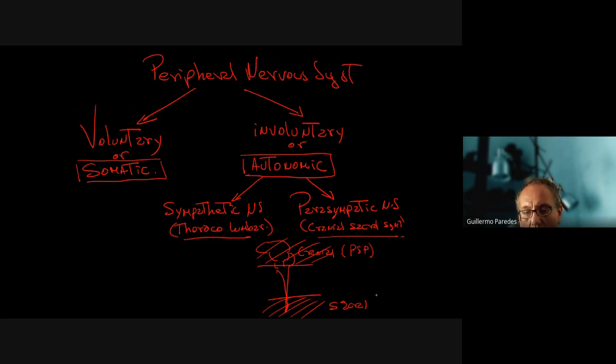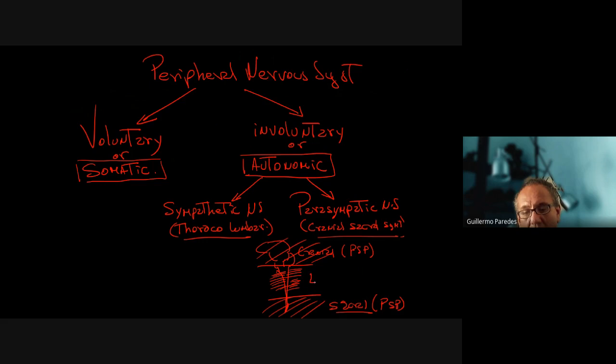And we have two origins of the parasympathetic nervous system: the cranial area and the sacral area. So on the extremes of the central nervous system is where the parasympathetic nervous system originates. The sympathetic nervous system arises between, from the spinal nerves coming from the thoracic area and the lumbar area.